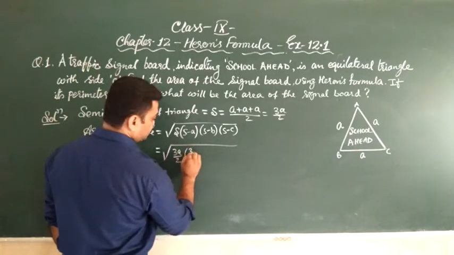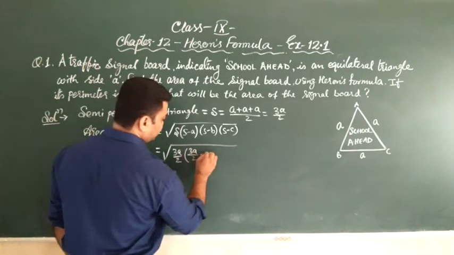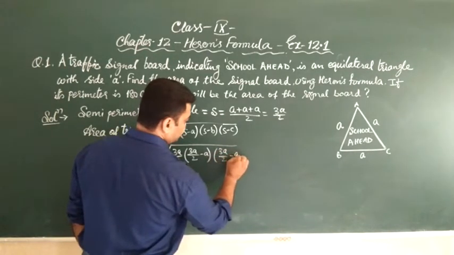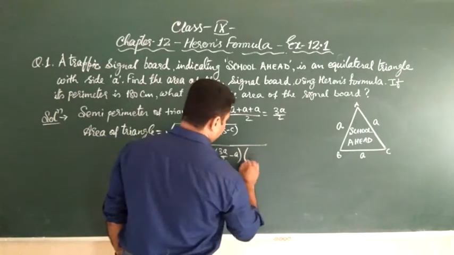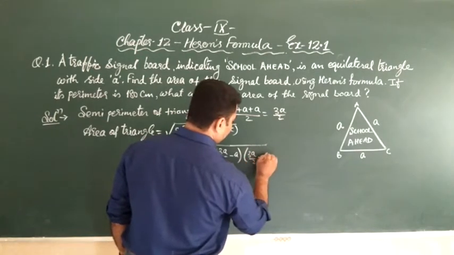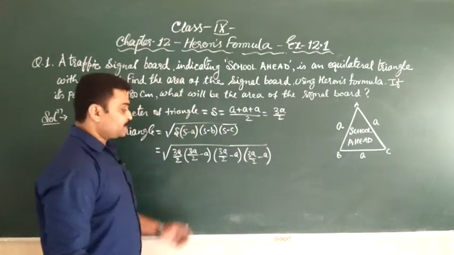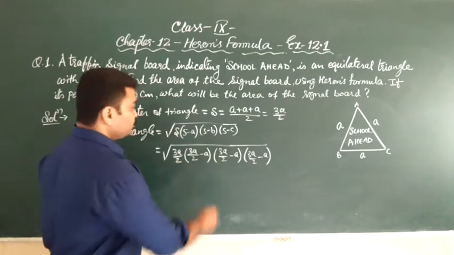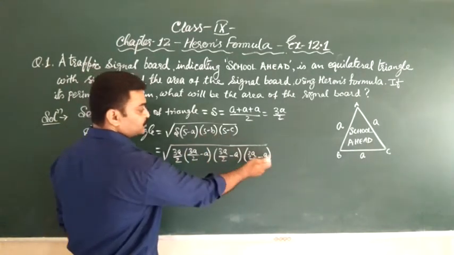Here 3A upon 2 minus A, 3A upon 2 minus A, and 3A upon 2 minus A. Why did we write minus A? Because all the sides are A. So B is also A, C is also A.